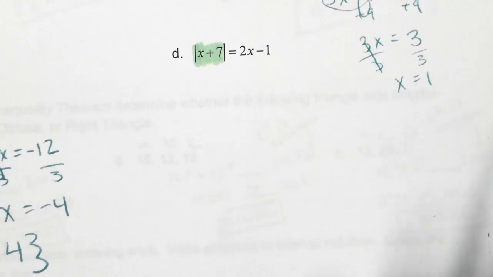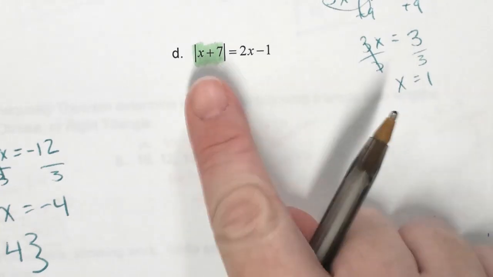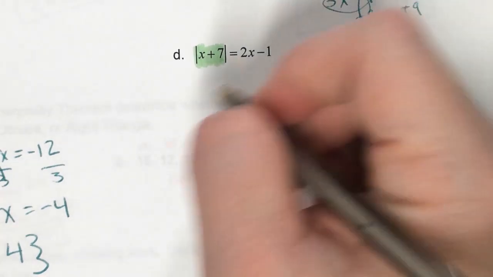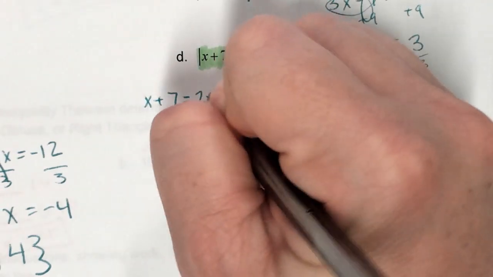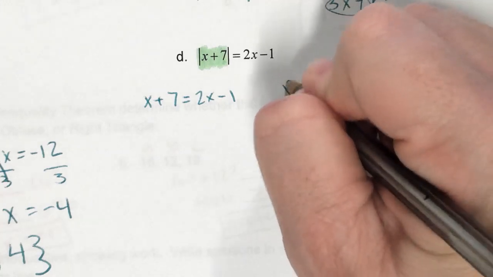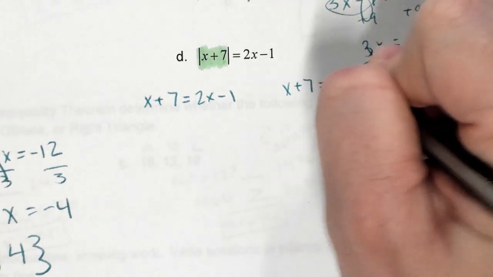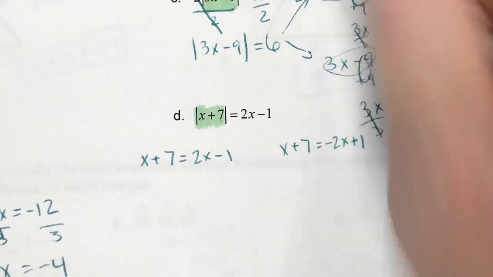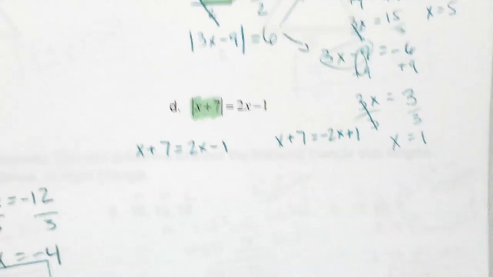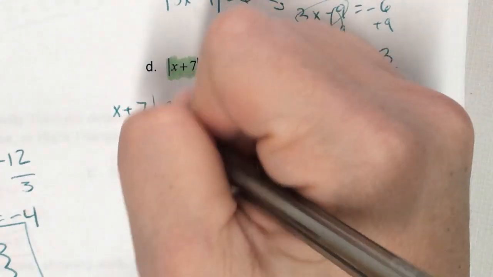Last but not least, we have this one. My absolute value is alone, so I'm going to rewrite it exact. X plus 7 equals 2x minus 1, and opposite. So x plus 7 equals negative 2x plus 1. Everything after the equal sign was opposite. So now we solve.